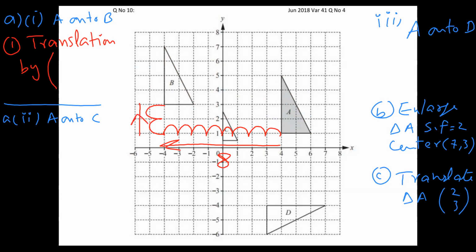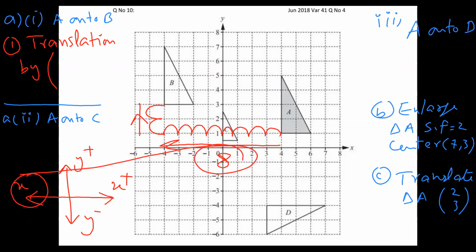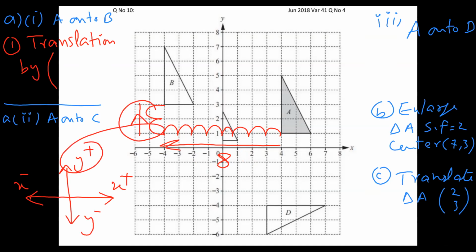I taught before, if you have this cross, whenever you go right side, X is positive, left side X is negative, upward Y is positive, and below Y is negative. You can see that I move 8 left side and 2 upwards. So X negative and Y positive. The answer is -8 and 2. This is called a column vector.